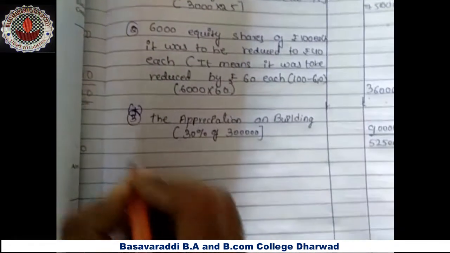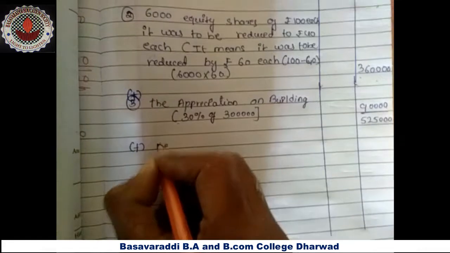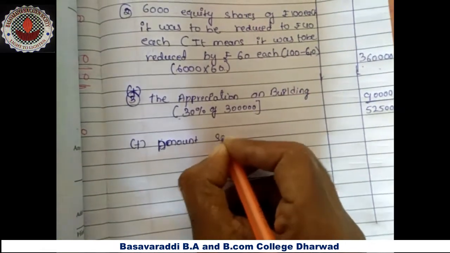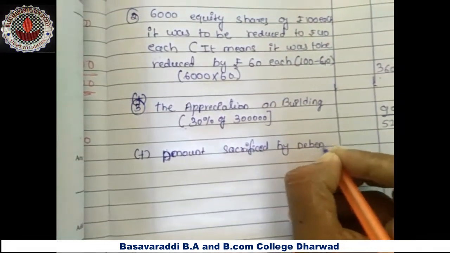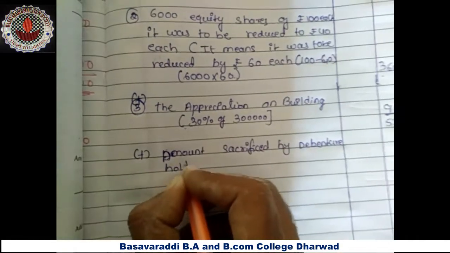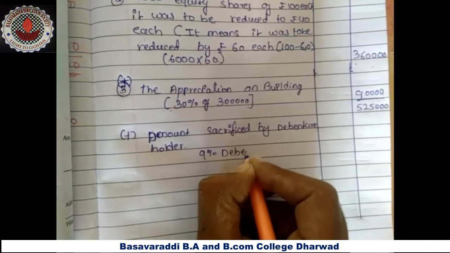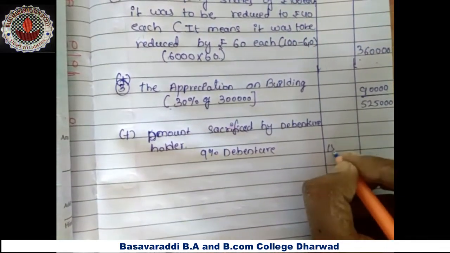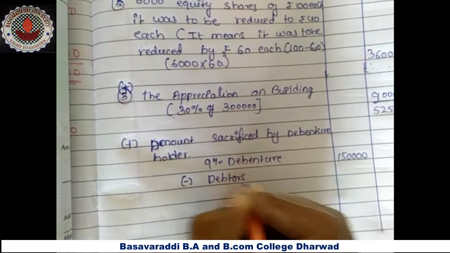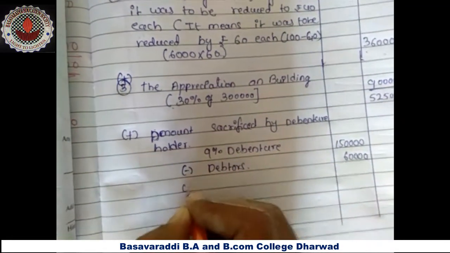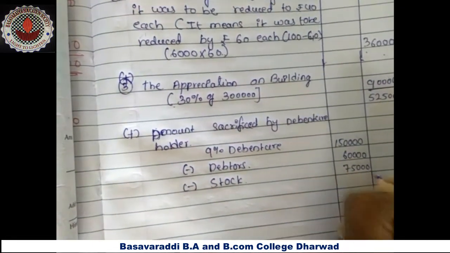Now add the amount sacrificed by the debenture holder, that is 9% debenture, equal to 1,50,000 less debtors 60,000 less stock 75,000.